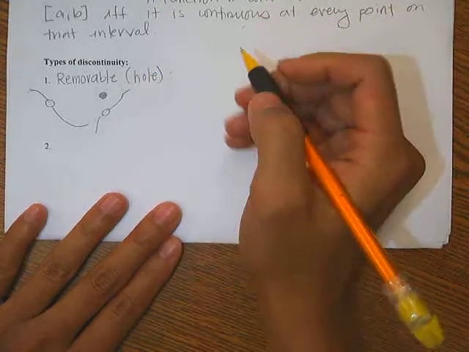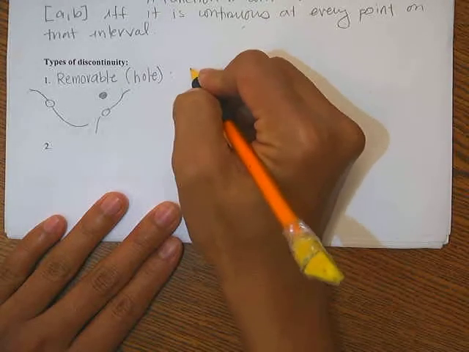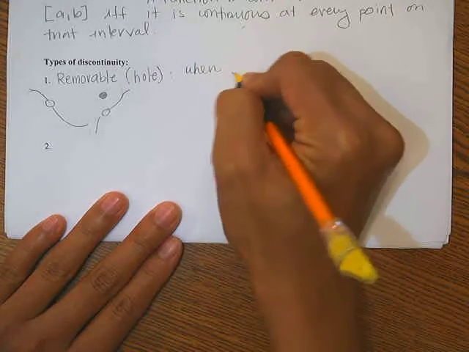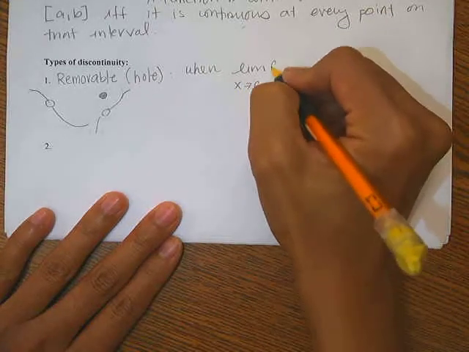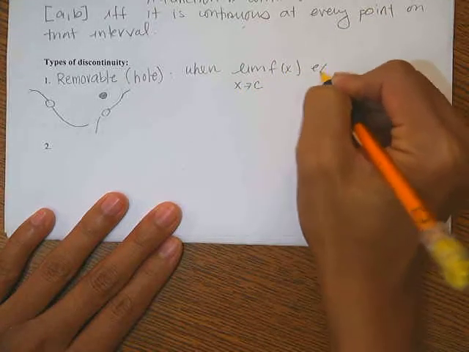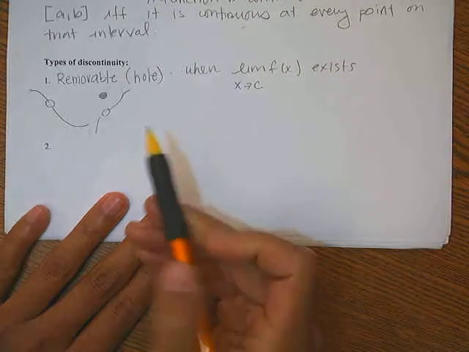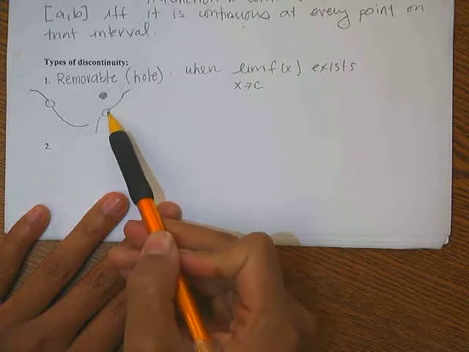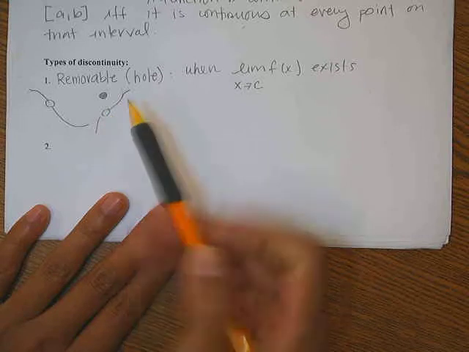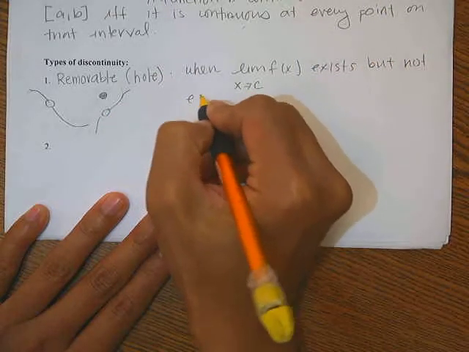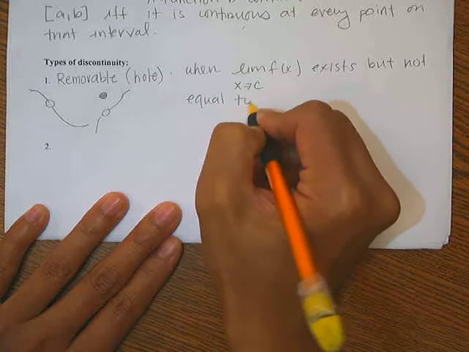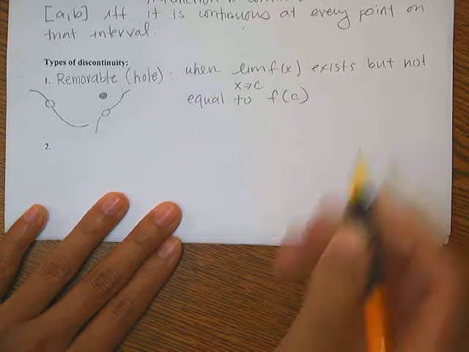Here we go, and define: when the limit as x approaches some value c of f of x exists, meaning the limit exists from the right and from the left, but is not equal to f of c.